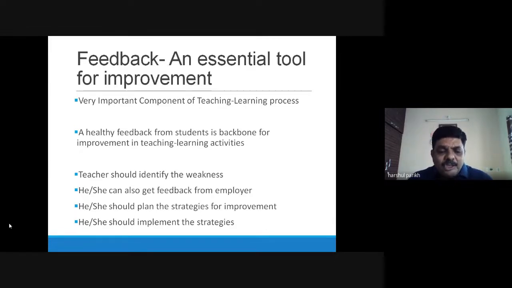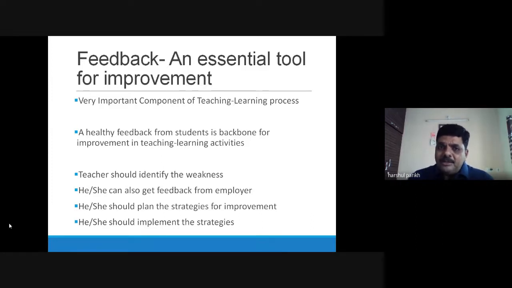By feedback, a teacher should identify their weaknesses. He or she can also get feedback from the employer after graduation. When a student gets a job, a true, authentic employer can give an idea.